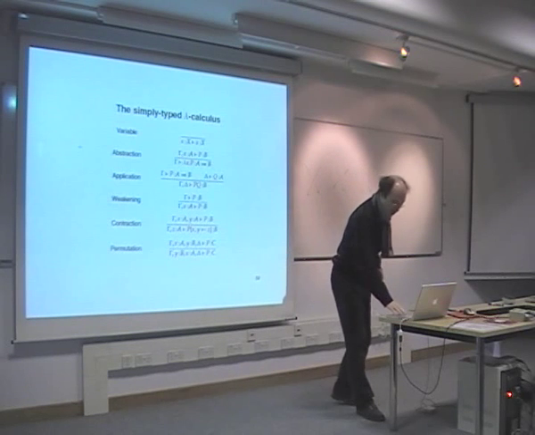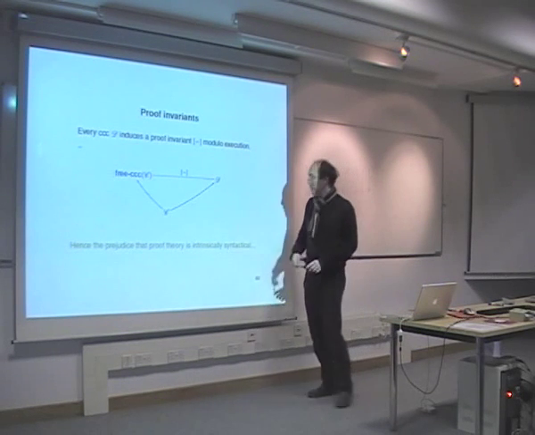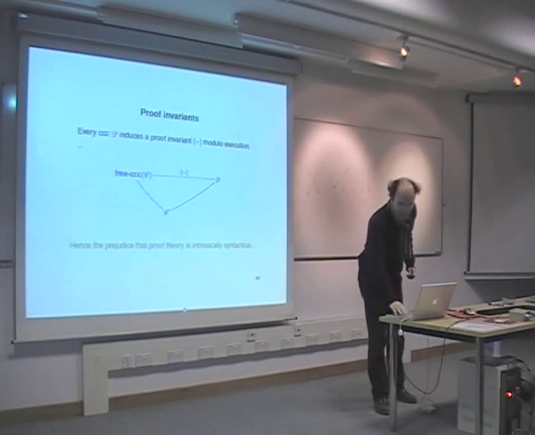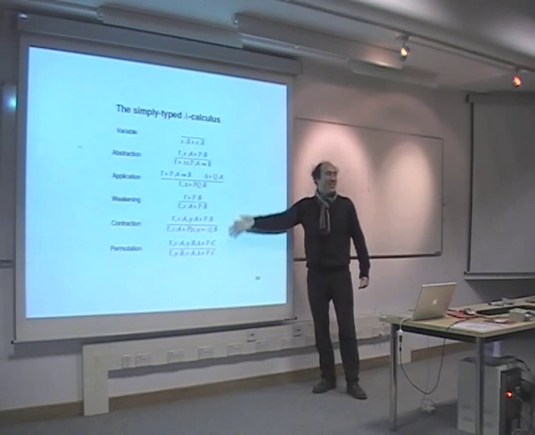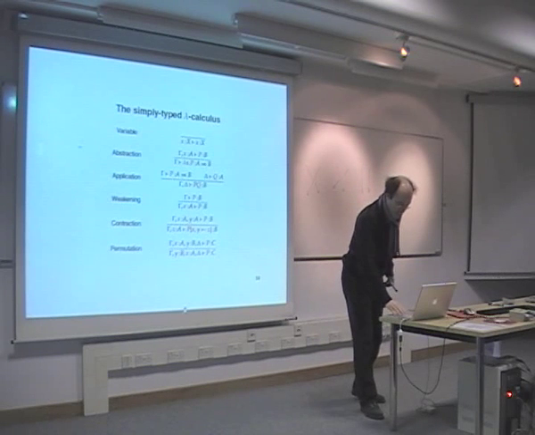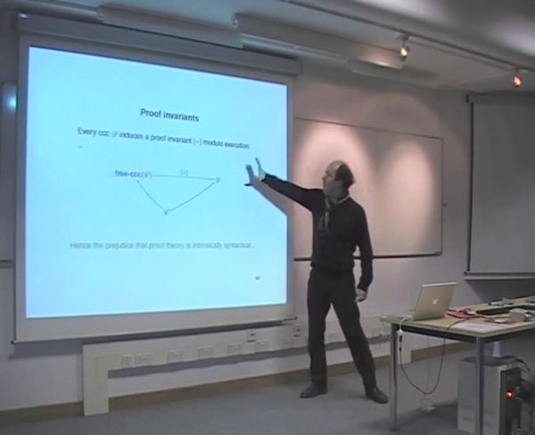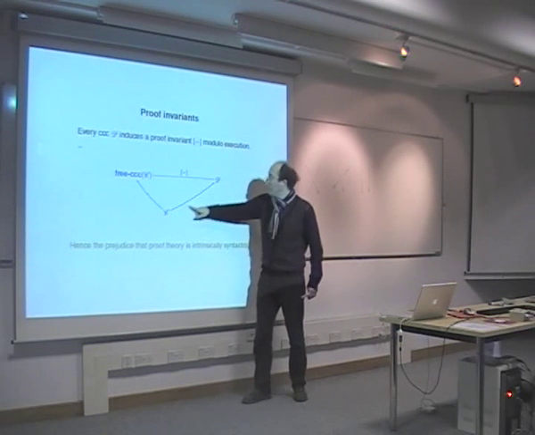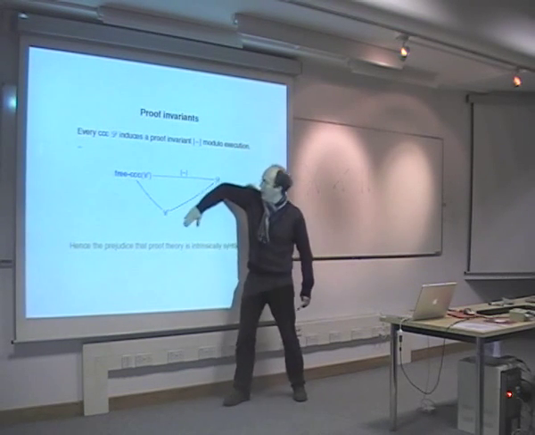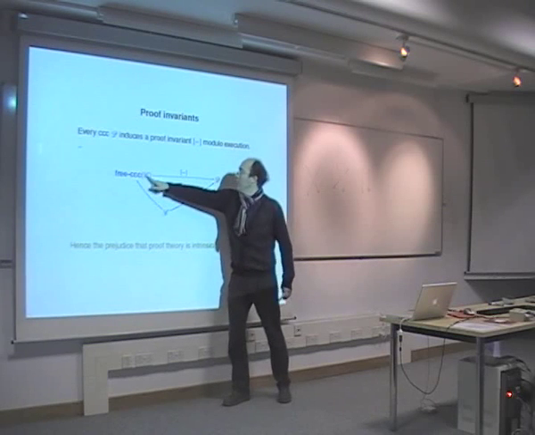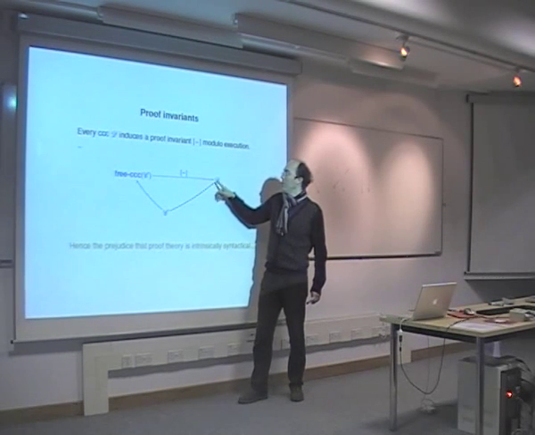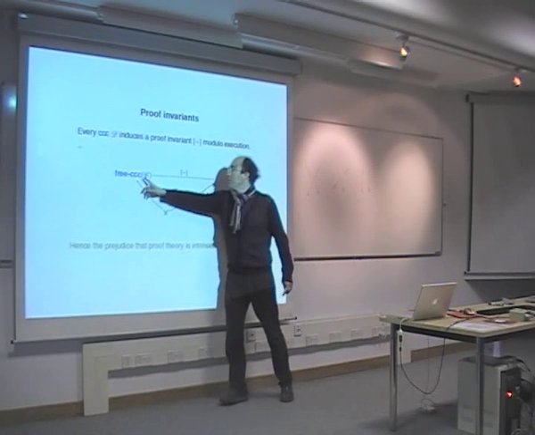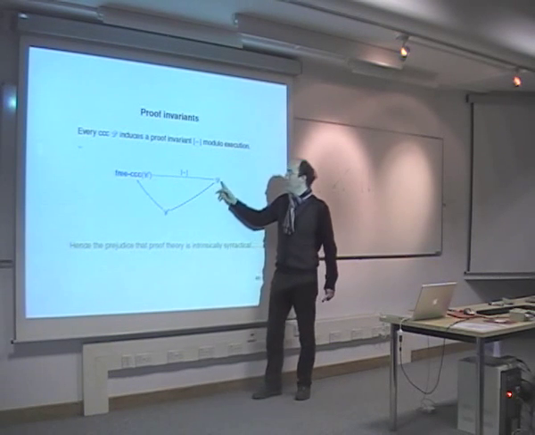And from this comes the kind of prejudice that proof theory is intrinsically syntactical, because this looks very syntactical. But now if you compare this picture here, which says that whenever I have a category and a functor to a Cartesian closed category, I can lift this functor to a functor which preserves the Cartesian product and the arrow, and which goes from this free category to this one.